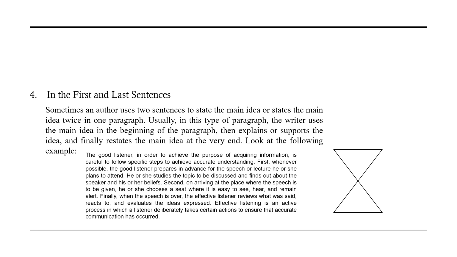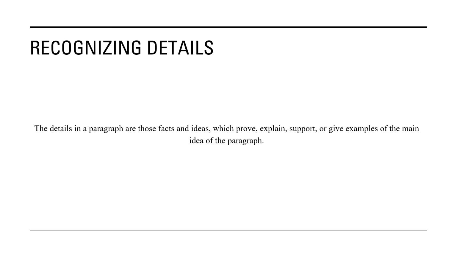So we jump to the next explanation, recognizing details. In nearly all communications, most general statements are open to misinterpretation or misunderstanding. Realizing this, most writers carefully provide their topic sentence with appropriate supporting details to prevent any misinterpretation.